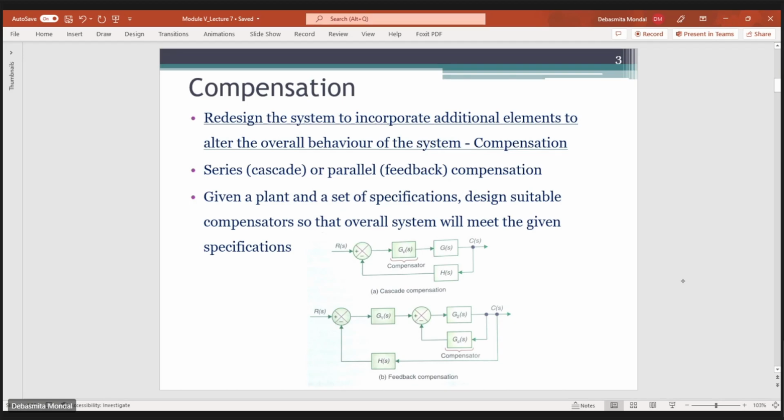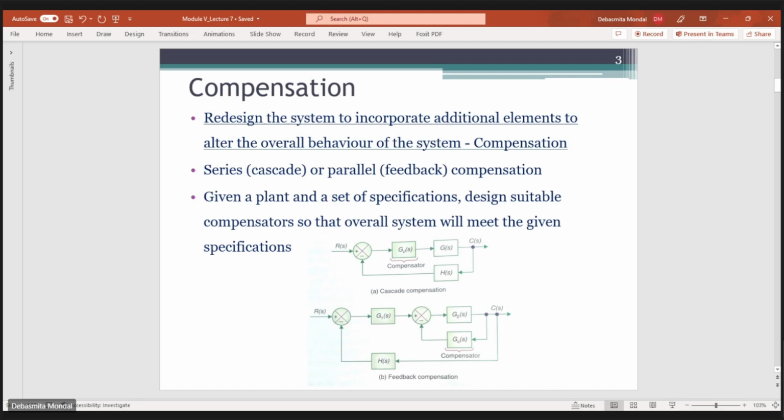As I have already told, there can be two types of compensation. One is cascade compensation, where the compensator is placed in the forward path, and the other is feedback compensation, where the compensator is placed in the negative feedback loop with the given plant.